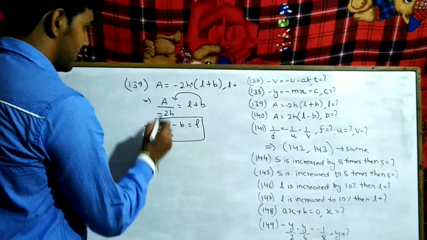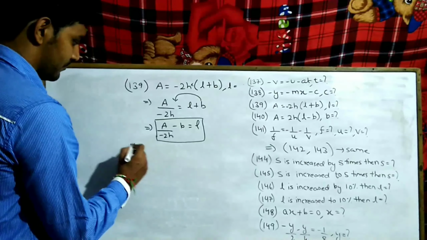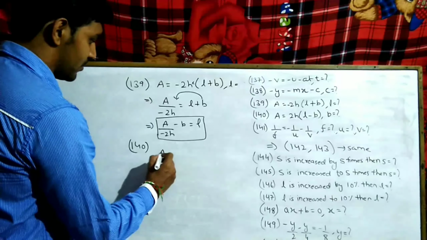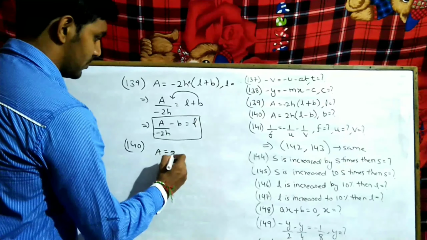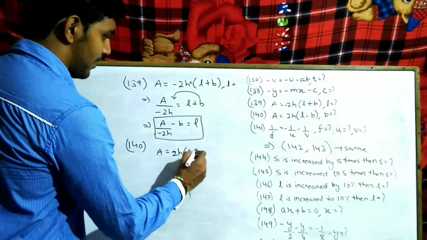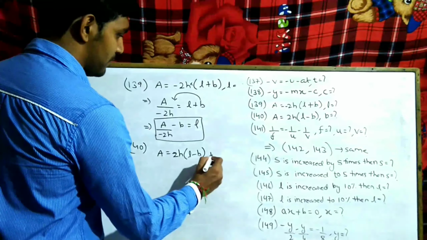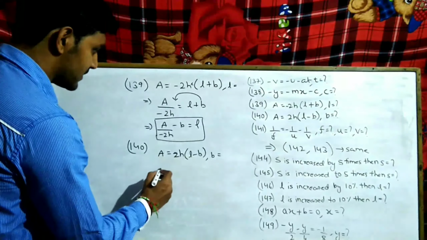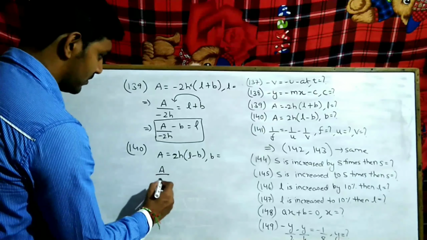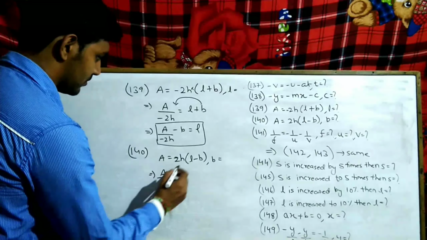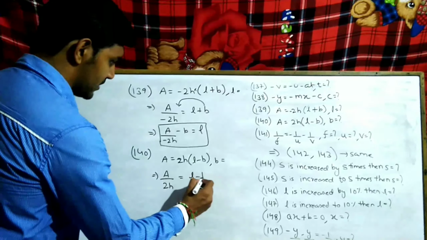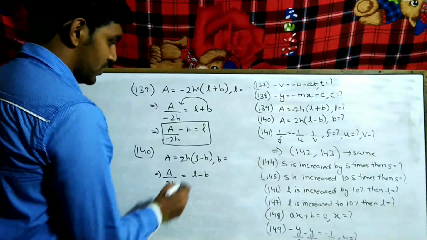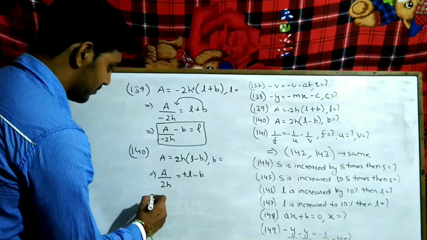Okay. Now 140. Okay. So A is equal to, same problem, 2h L minus B. We have to find the B value. Say this multiply going that side becomes division. So A by 2h is equal to L minus B. We have to find the B value. So this plus L will come that side and become minus.